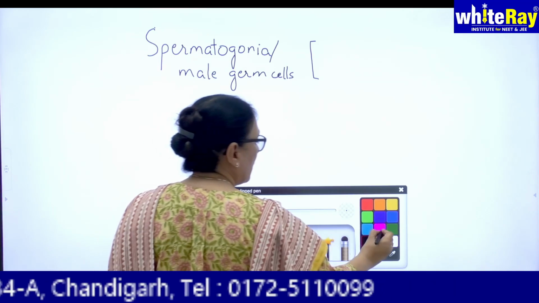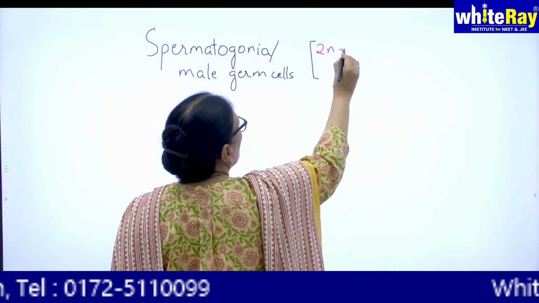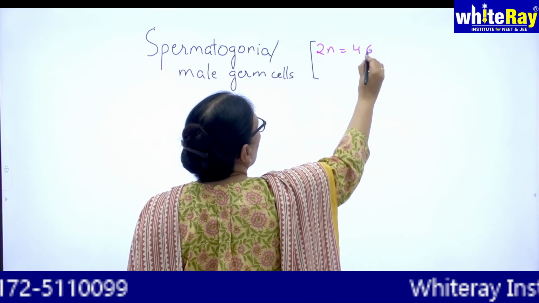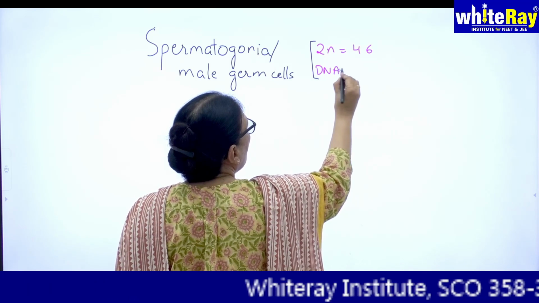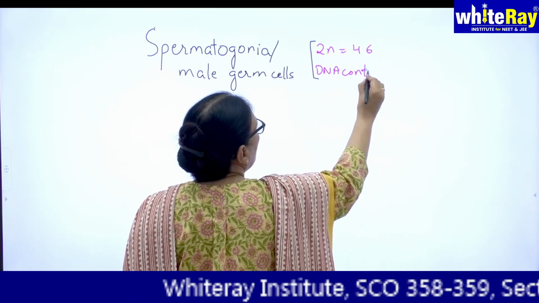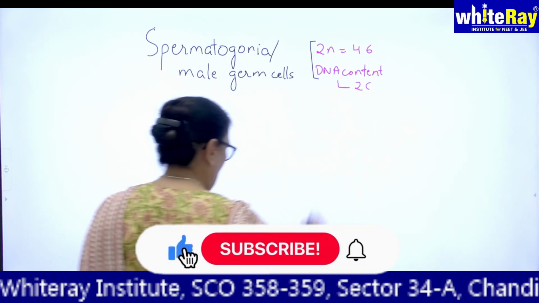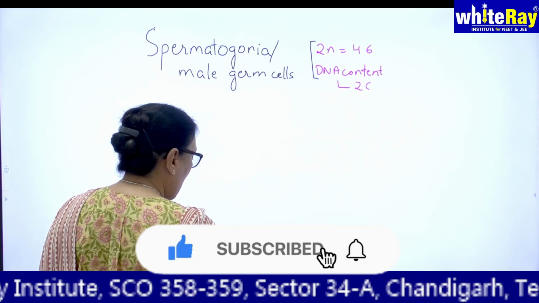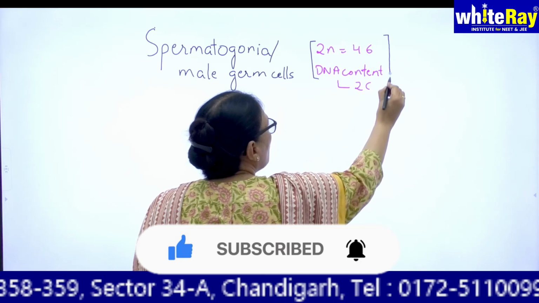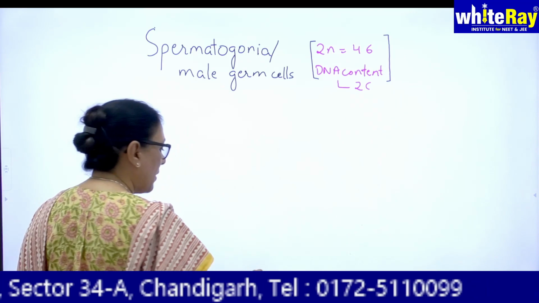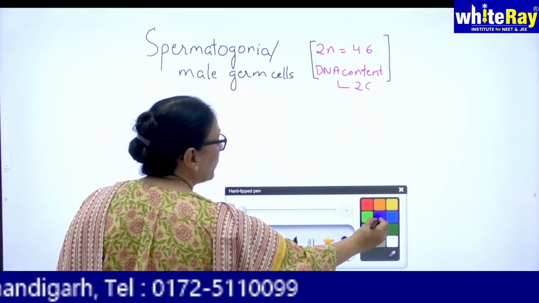These cells are diploid, 2n equals 46, and the DNA content is 2C. So we say they are diploid cells, the chromosome number is 46 and the DNA content here is 2C.